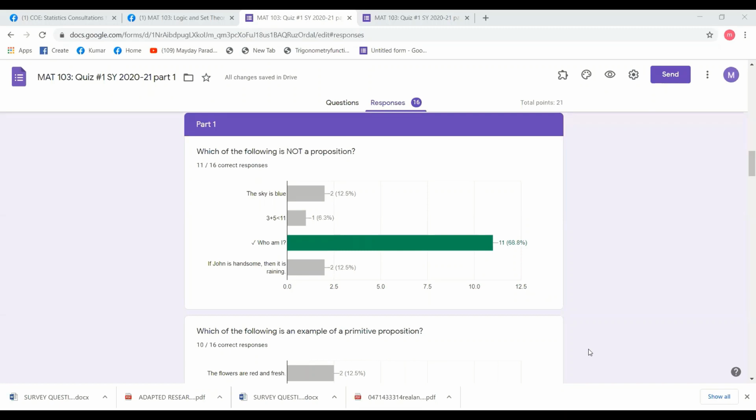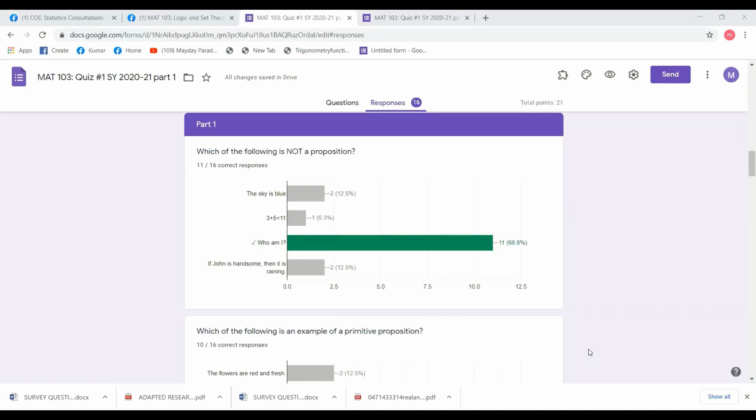It says here, which of the following is not a proposition? If we recall, a proposition is a declarative sentence which could be either true or false, but not both.